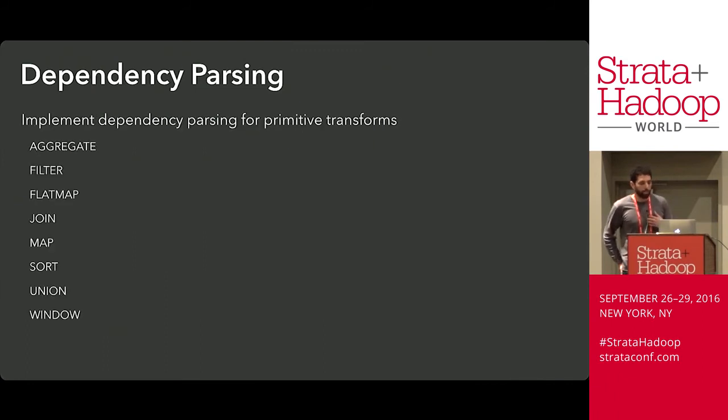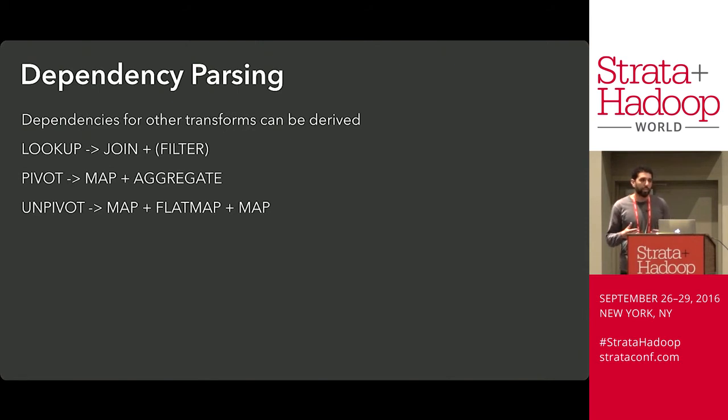The only thing I think really of note to say here is that most languages, whether it's Trifacta or SQL or Pig or Spark, underlying them, there's usually only a handful of core operations or ways of fundamentally changing the data. So if you can implement dependency parsing for what we would call primitive transformations or operations, you can then use this to build up dependency chains for other types of transformations.